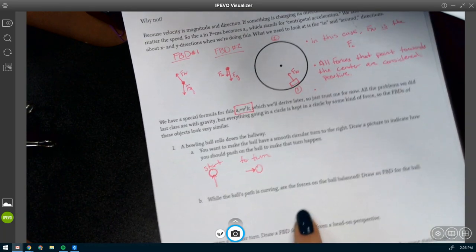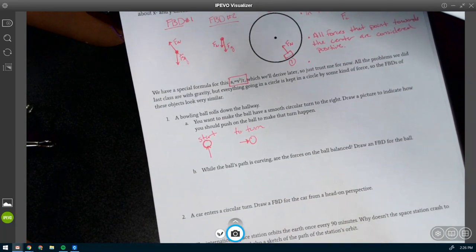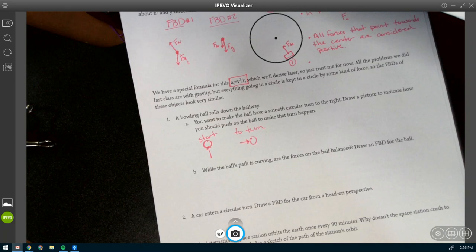So then while the ball's path is curving, are the forces on the ball balanced? Well, remember that when we're asking if forces are balanced, another way to ask that is, is the ball accelerating? And if we're changing direction, then we are accelerating.